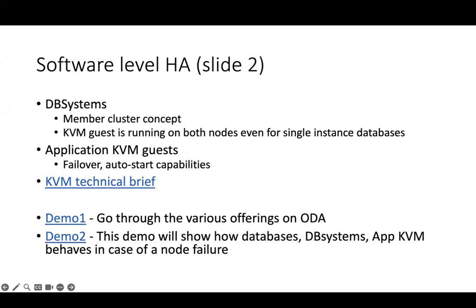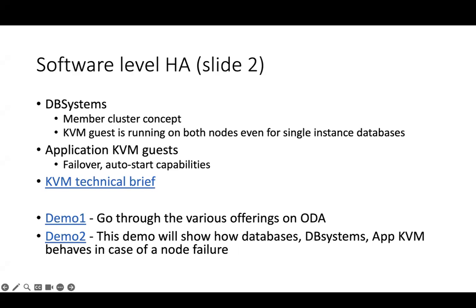If the DB system guest is running on the surviving node and our single instance database failed on the other node, or the other node went down completely, so not just the database failed, but the entire node failed, then there is no need to start the operating system, start the GI, the listeners, and all other resources inside the DB system guest to be able to start the database quickly.